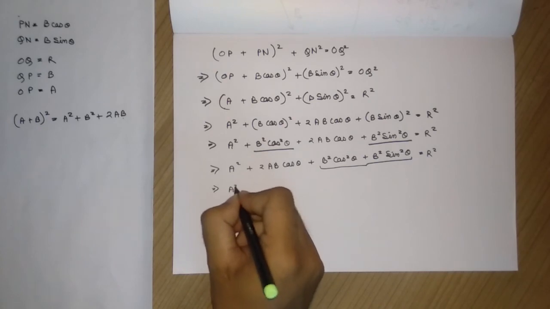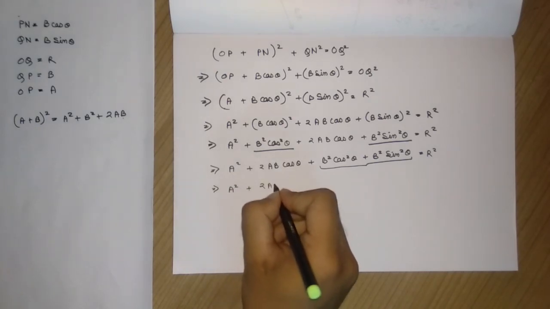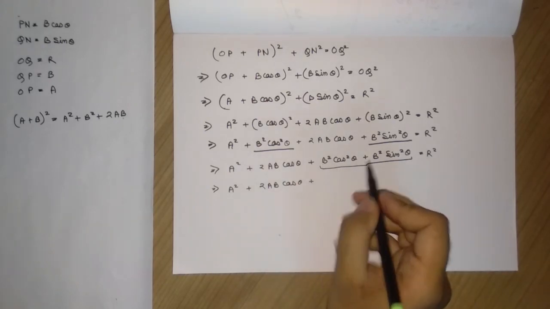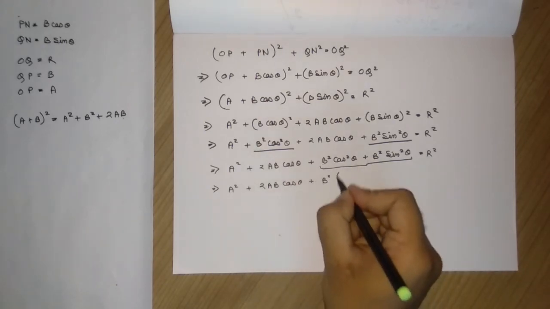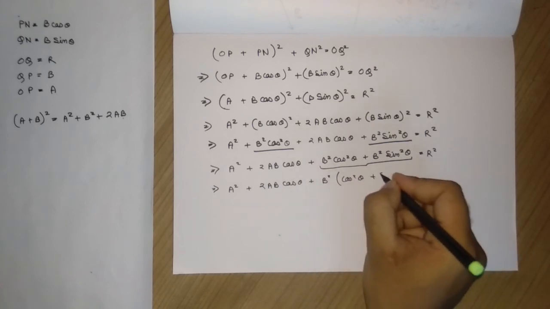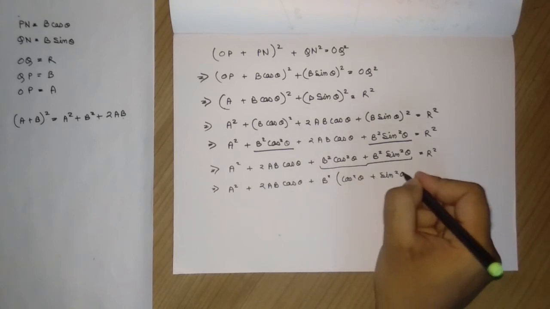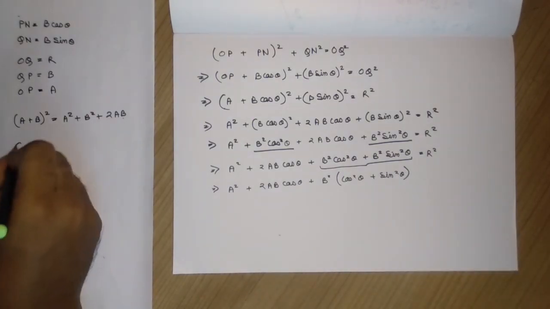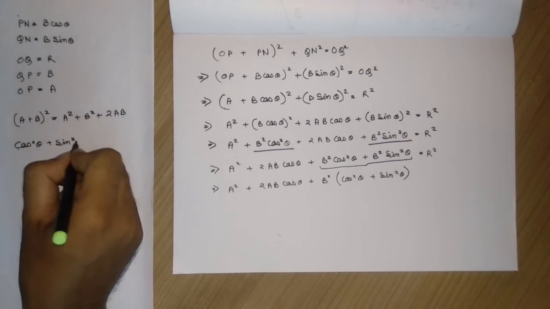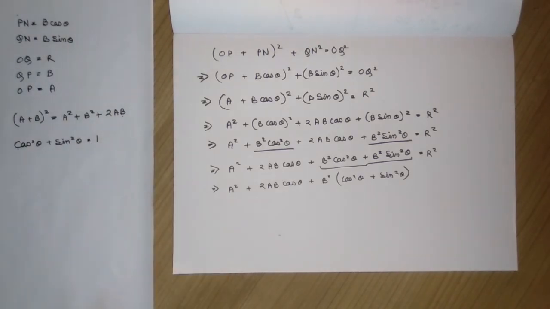Now B square is common, so let's take it common. What is left inside is cos square theta plus sin square theta. We know that cos square theta plus sin square theta is equal to 1.